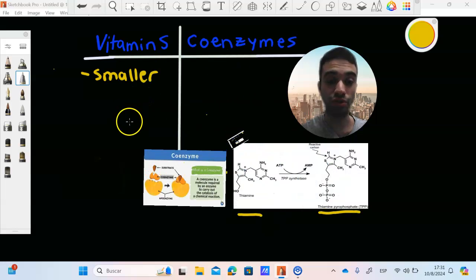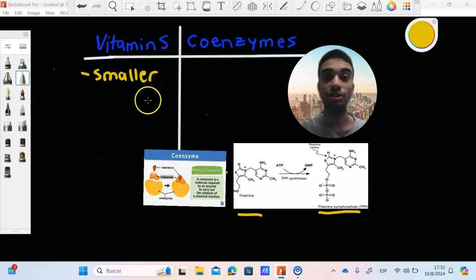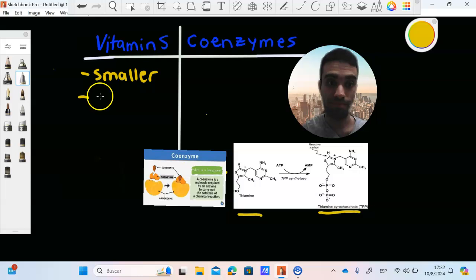We actually consume both vitamins and coenzymes, but our body digests the coenzymes into vitamins. So vitamins are the smaller units that our body can absorb, okay? So they're absorbed by our body.